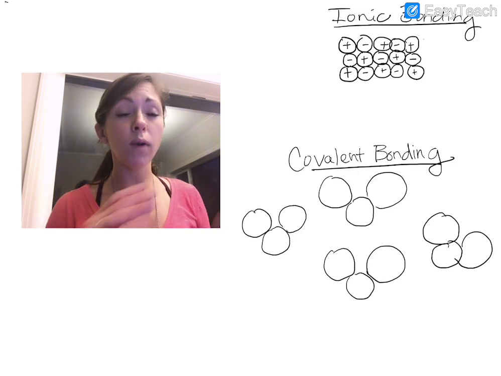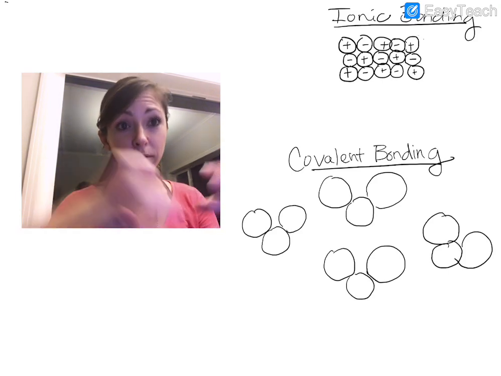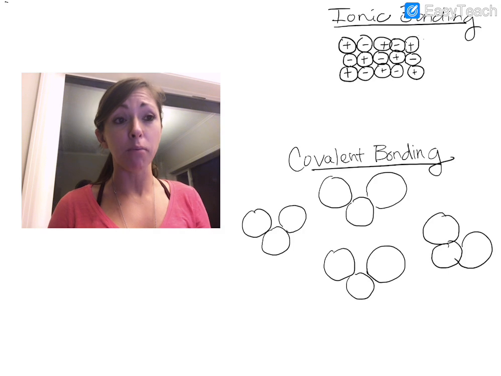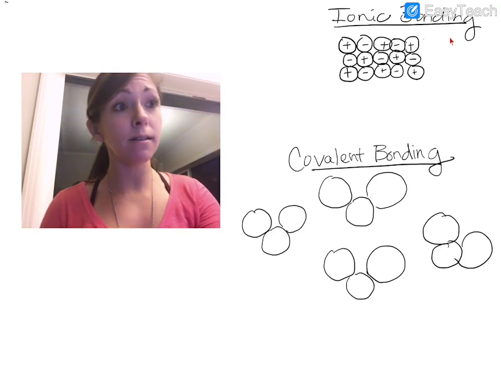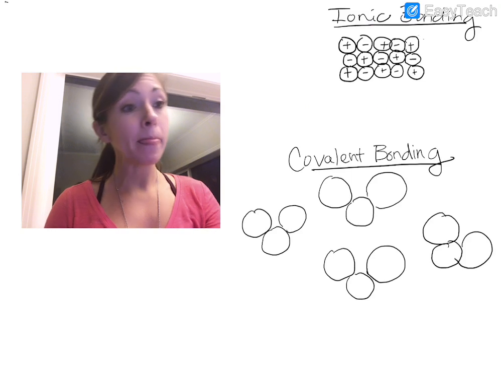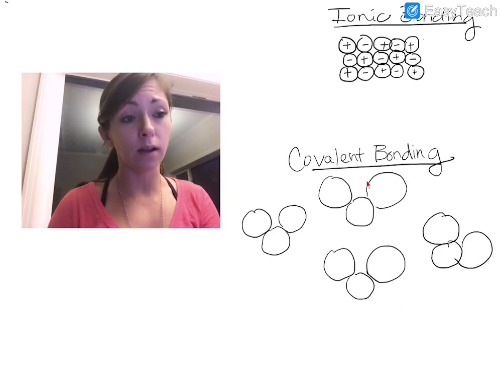So what I've done over here to the right is you can see there are two major bond types when it comes to atoms coming together to get stable. There is ionic bonding right up here up top, and then there is covalent bonding, which you see down here in the lower right.